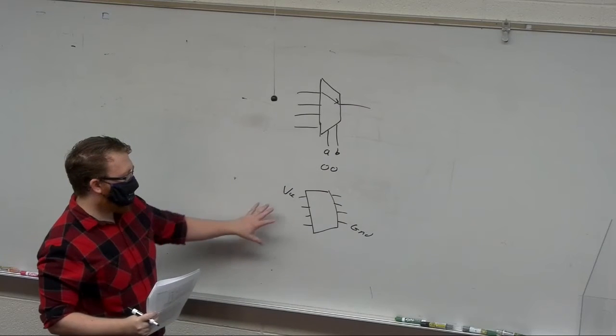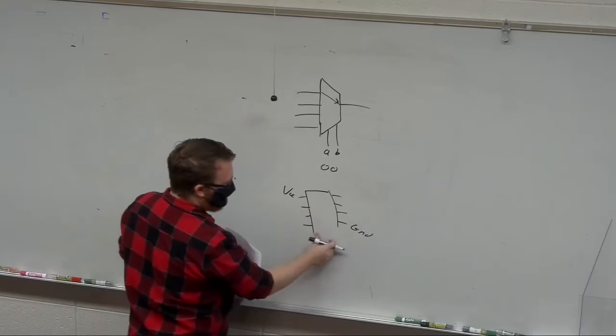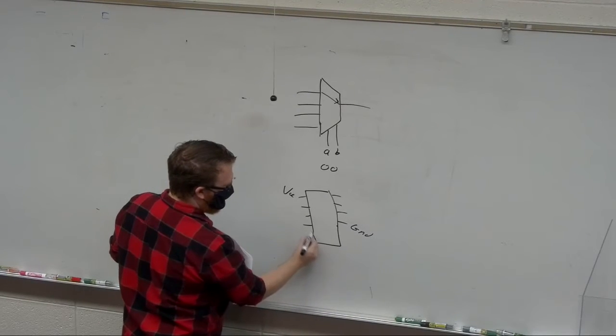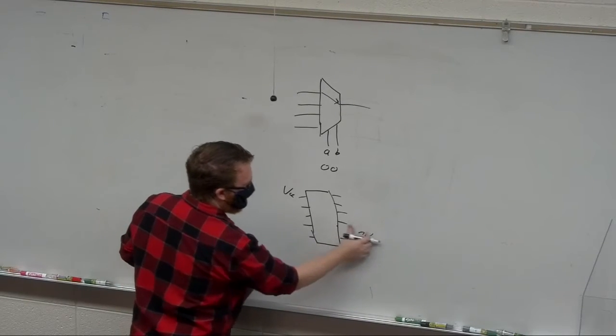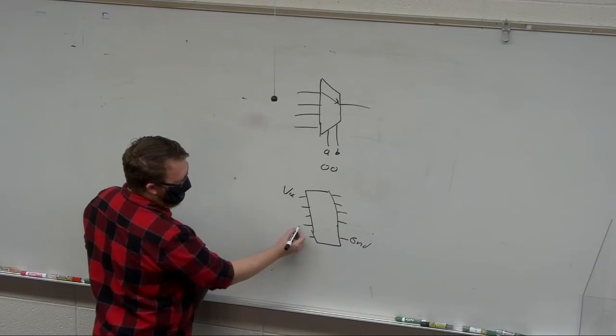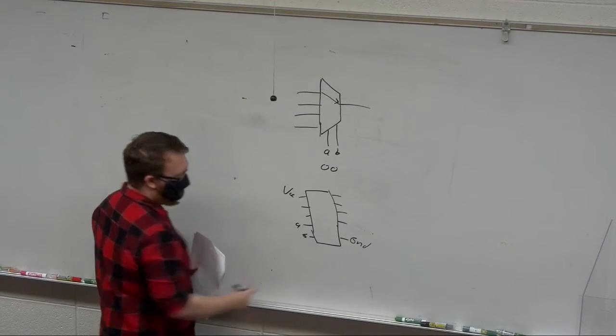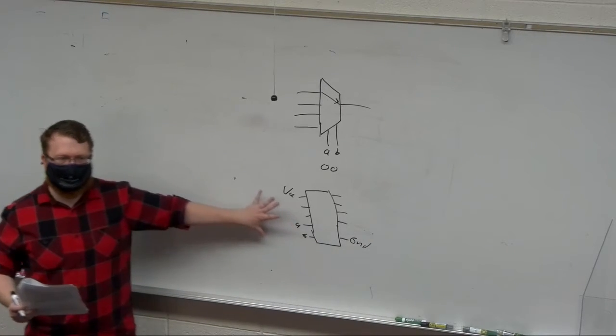Oh wait, sorry, I forgot those 2. It needs more pins than that. And then these 2 are probably going to be A and B. Anyways, I'd have to look up the exact one.